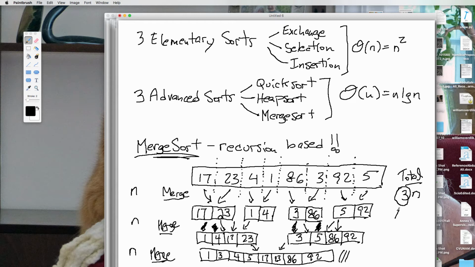Basically, this number right over here is log base 2 of 8, which is 3. But in this case over here, this is just n. So the complexity of this whole thing is that big O of n is equal to n log n. And this is the complexity of this algorithm.